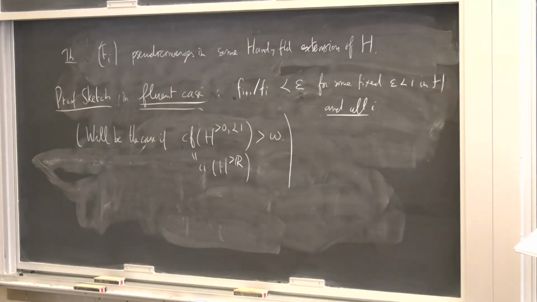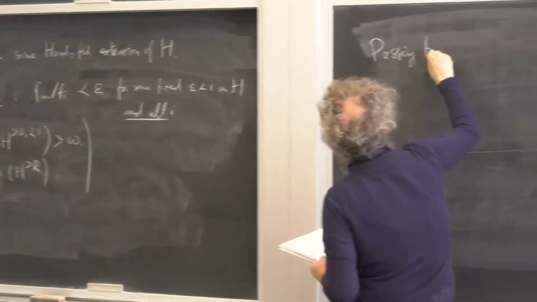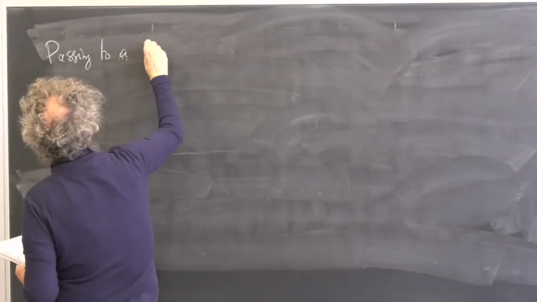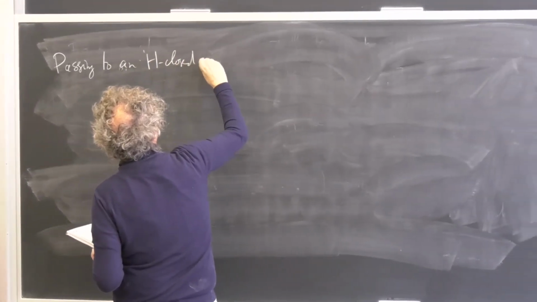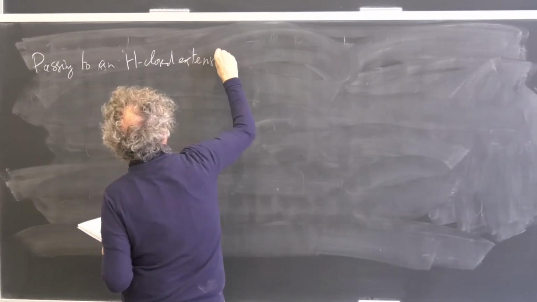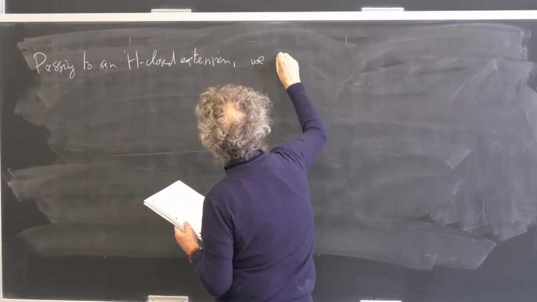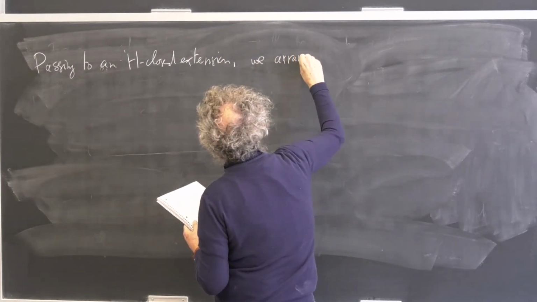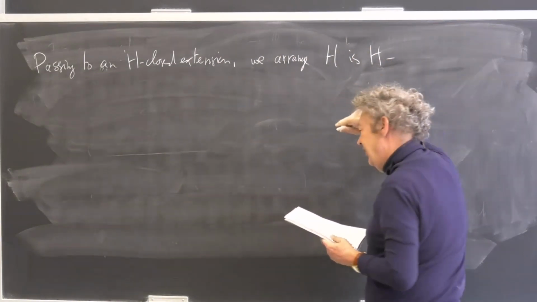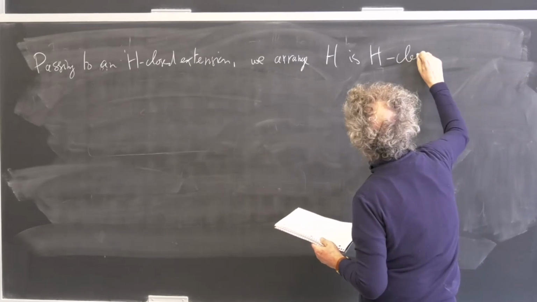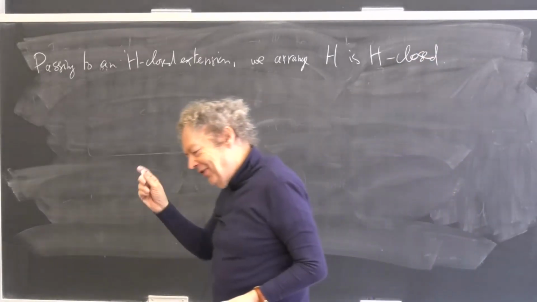We can, of course, pass to an H-closed extension, here we'll take the closure, omega-free Newtonian.